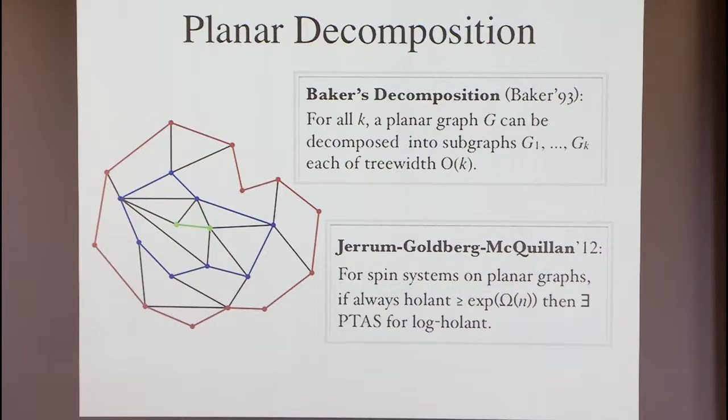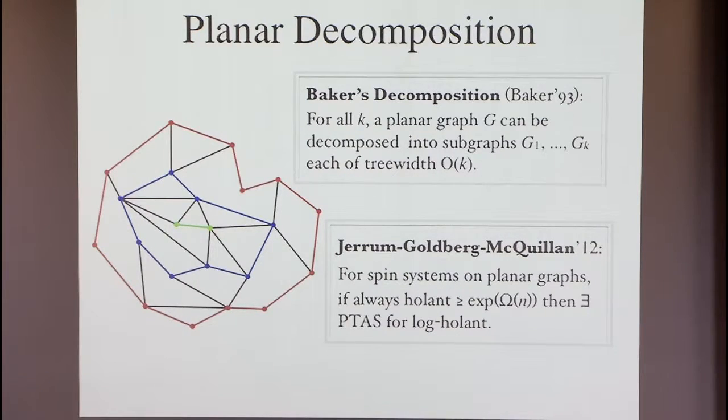It was discovered by Goldberg, McQuillan, and others that with Baker's decomposition, if we have a subroutine to compute the Holant in time exponential in the treewidth, then for classes of Holant on planar graphs, if the Holant is always exponentially large, we have a PTAS for the log of the Holant.